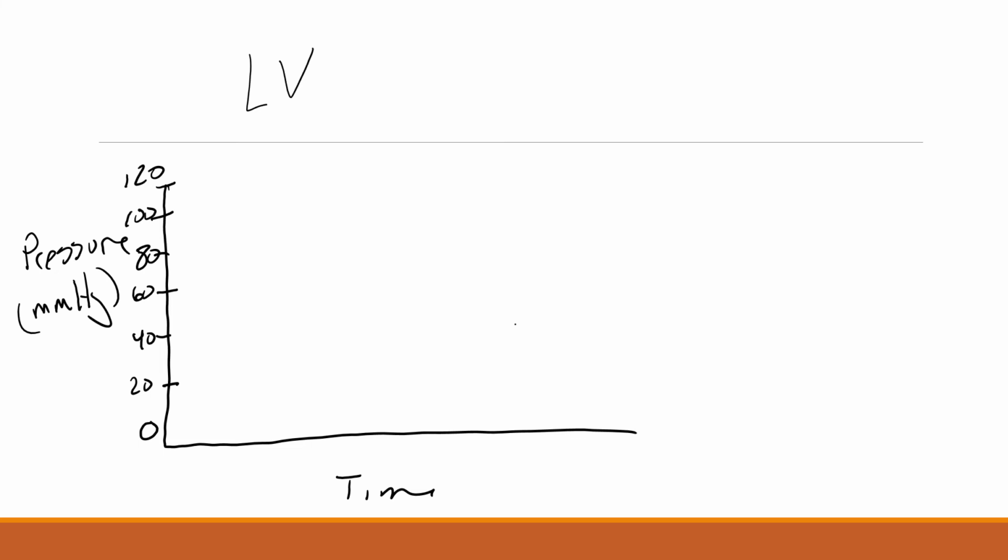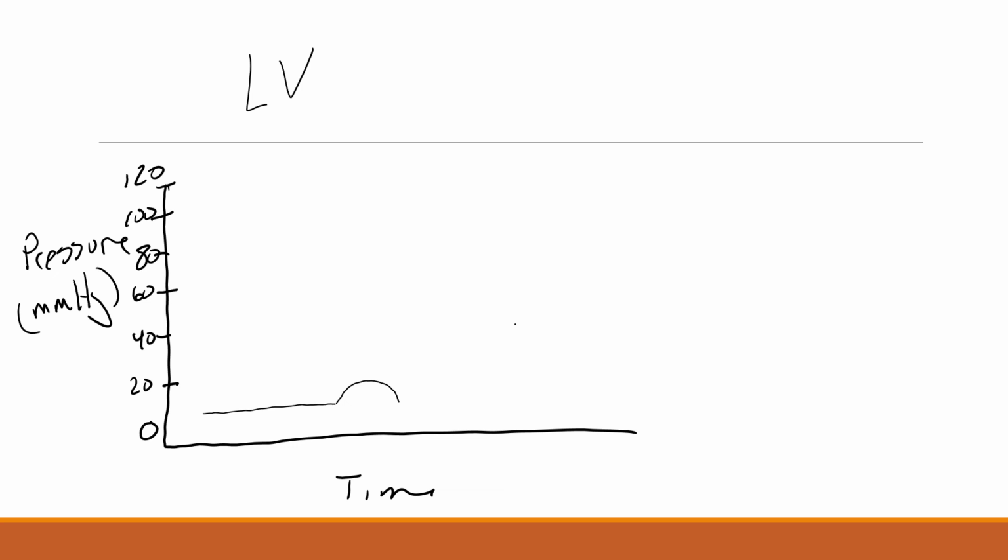Okay, so for example, in the left ventricle, when the left ventricle is in diastole, the pressure in the chamber is very low. So I'm going to draw something low, pretty close to 0, and fairly flat. It's relaxed. At this point, it's filling up with blood. Okay, but then right at the end of ventricular diastole, there's a little blip in pressure.